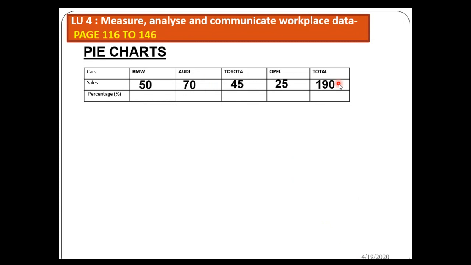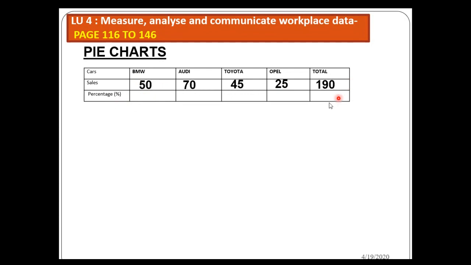So this information can be plotted on a graph, but for now, I'm just going to show you how to plot it on the pie chart. Normally with the pie chart, we show the information in the form of a percentage. So I will make sure that I express sales units in the form of a percentage. If I have got 50 BMWs, it means I've got 50 BMWs out of how many cars?